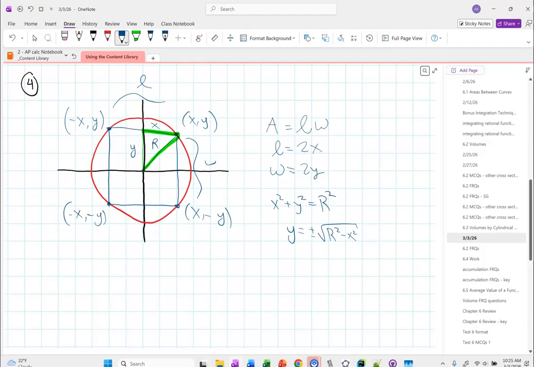And since y is a distance, I can drop the minus, and this will just be 2 root r squared minus x squared. So my area function in terms of x is going to be 2x times 2 root r squared minus x squared.